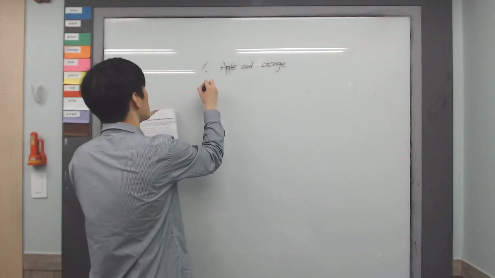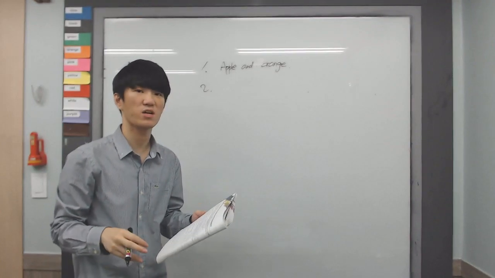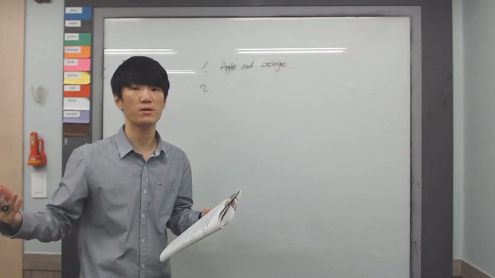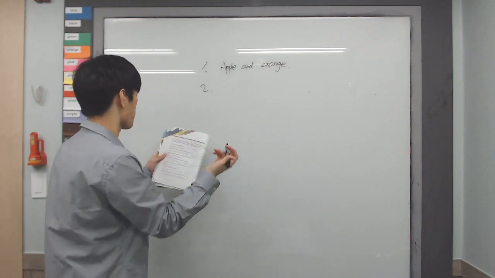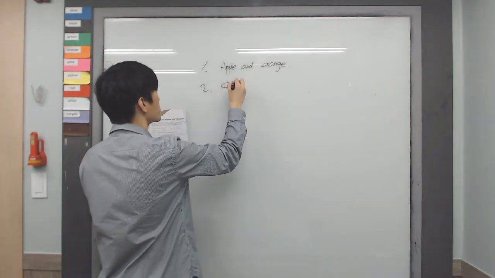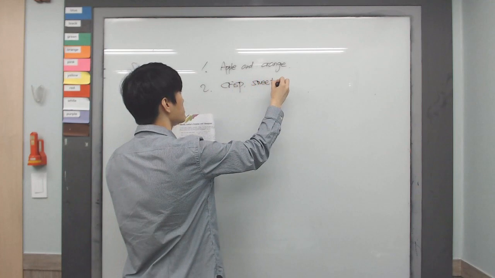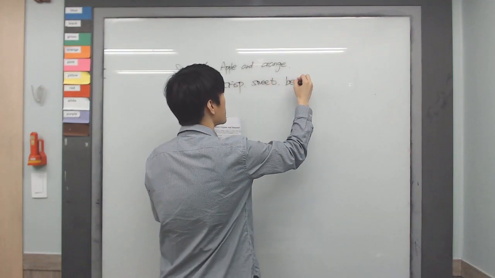And number two, what word does the author use to describe apples? So what words do you guys remember about apples? Is it soft? No. Crisp? And sweet? And it can be the best snack.